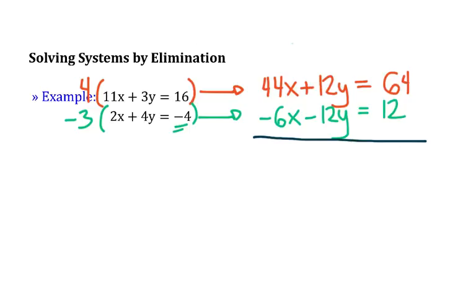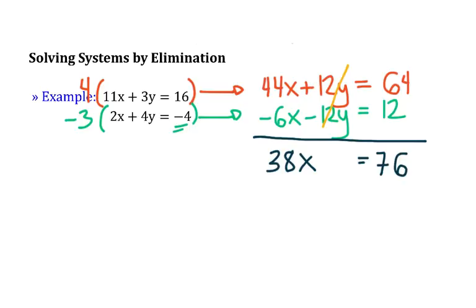So 44x minus 6x gives us 38x, and negative 12y and 12y, these guys cancel out. 64 and 12 gives us 76. So now we're just working to solve this linear equation, 38x is equal to 76.